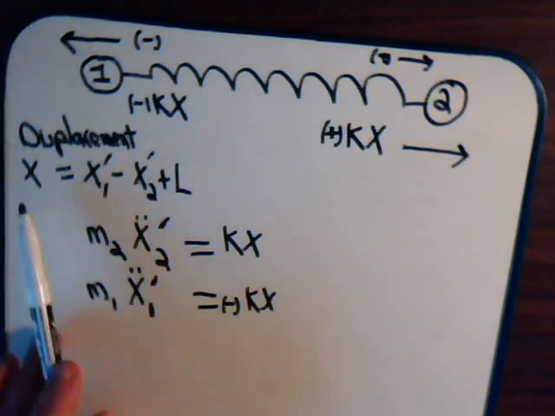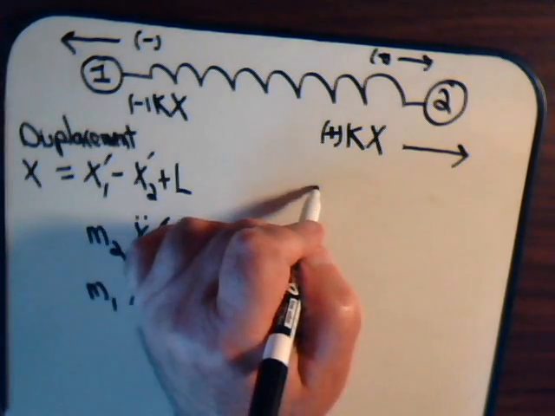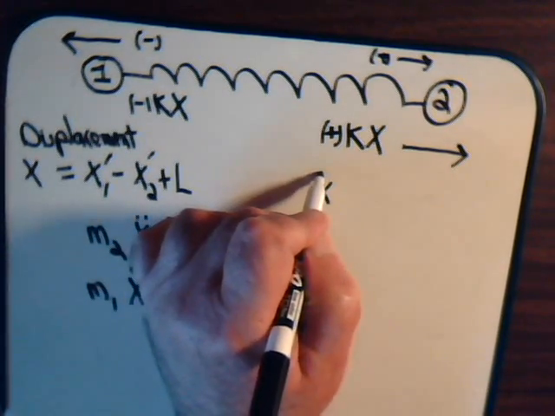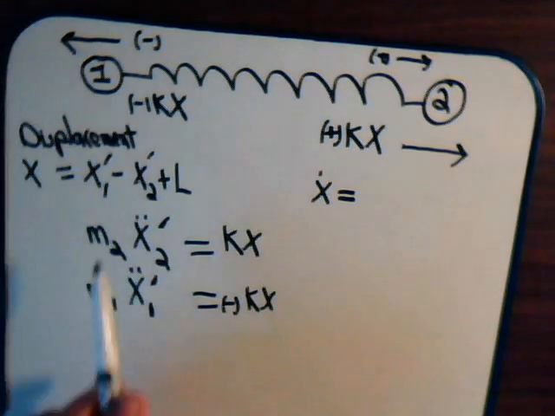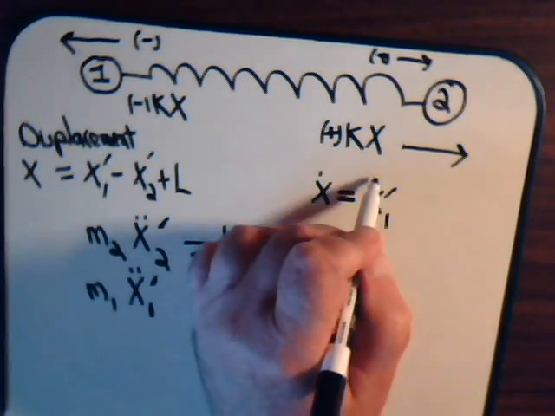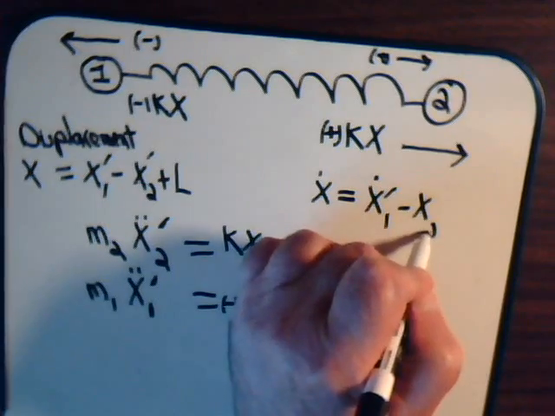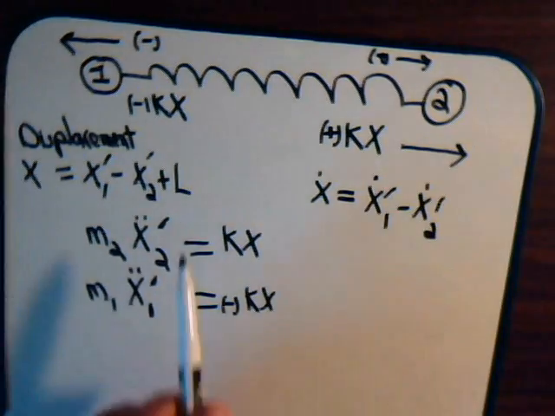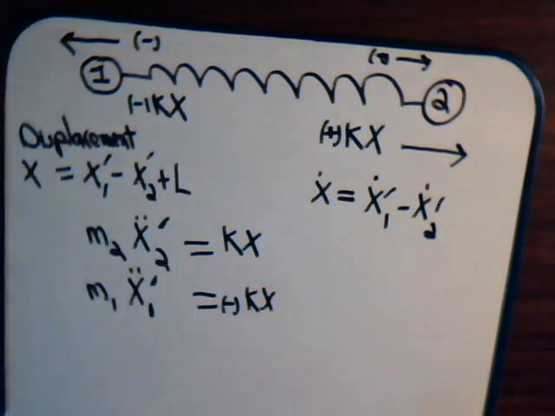Now, here's our displacement. What would be the velocity of displacement, x dot? That will equal the velocity x1 prime dot minus x2 prime dot, and the derivative of L, that's just the length of the spring. That's 0. That time derivative is 0.